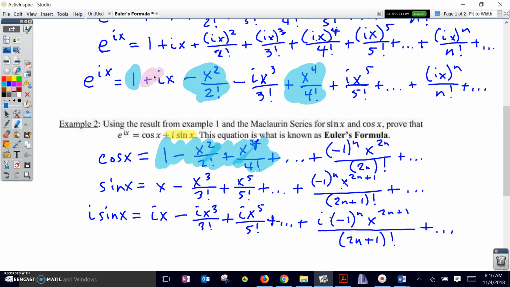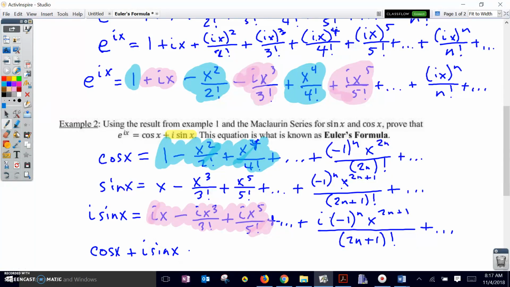And all of these odd-numbered terms, which are the ones that contain i's, are exactly the terms from i sine of x. And therefore, by adding these two series together, we get the series for e to the ix. Alright? And this is what we're talking about when we're talking about Euler's formula here. This formula that e to the ix is equal to the cosine of x plus i sine of x.